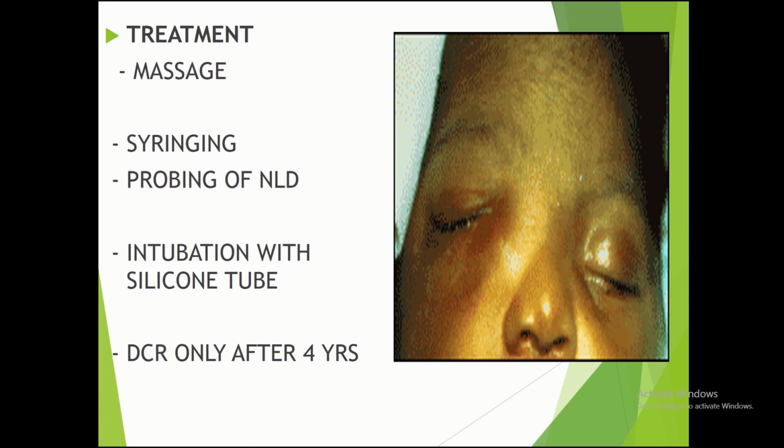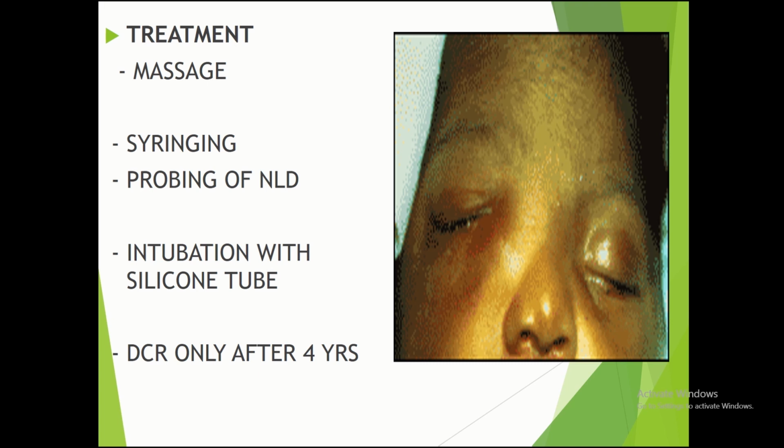Those kids who are not improving with massage, you can go for examination under anesthesia to find out what the problem is. You can do syringing in that case, and also probing of the nasolacrimal duct. This is usually done at the age of 1 year if there has been no improvement with massage.